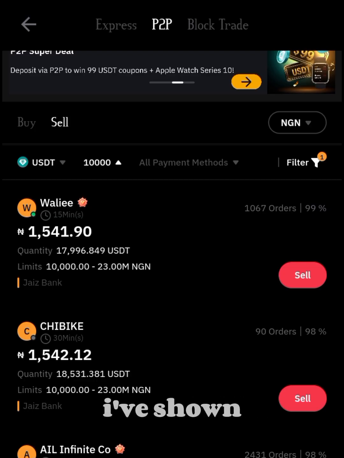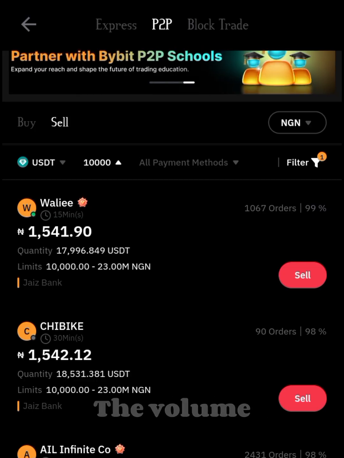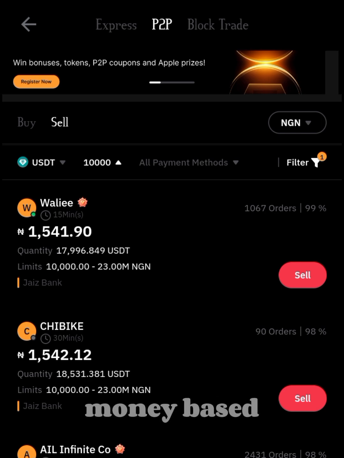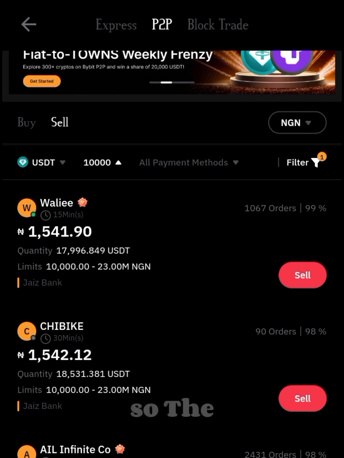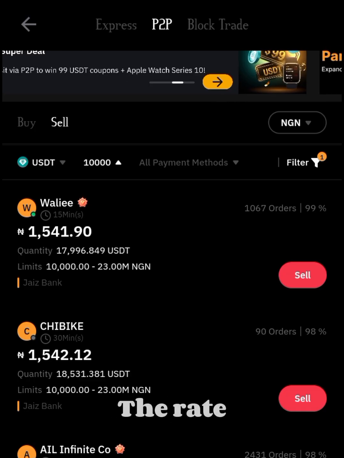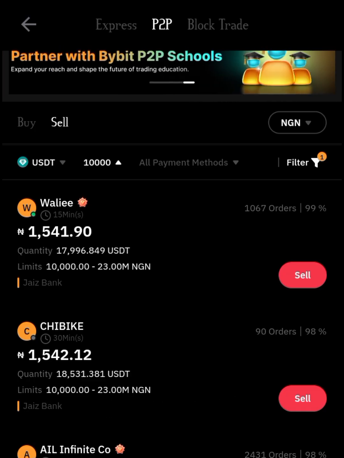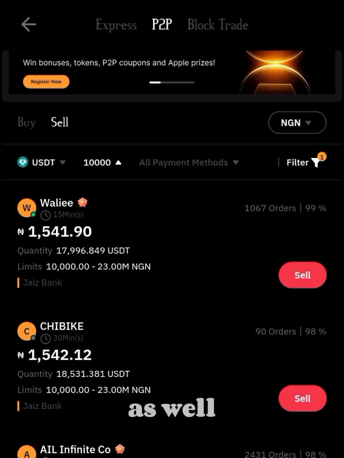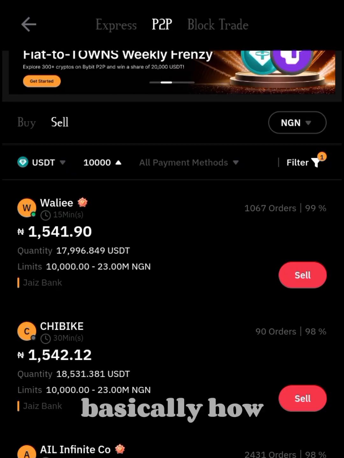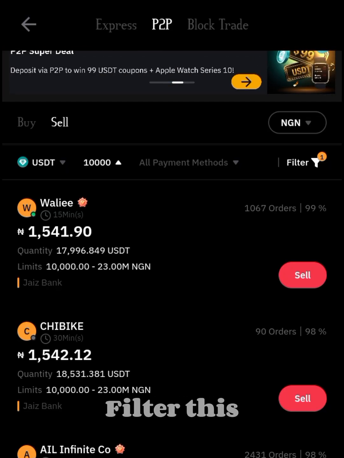Remember, like the videos I've shown on my channel about P2P trading, they make money based on volume, right? So the more they sell, the higher the rate, and the more profit they make, and the more profit you make as well. So basically, if the money is smaller, the rate is lower. That's basically how the market works. So you have to filter this out.